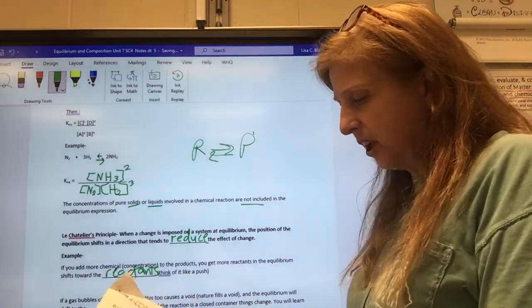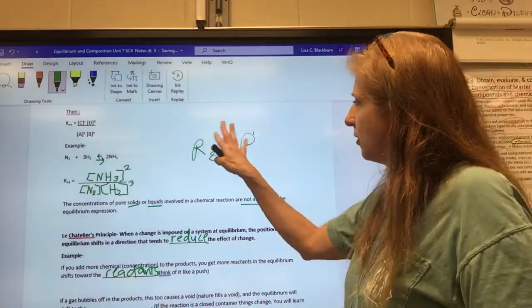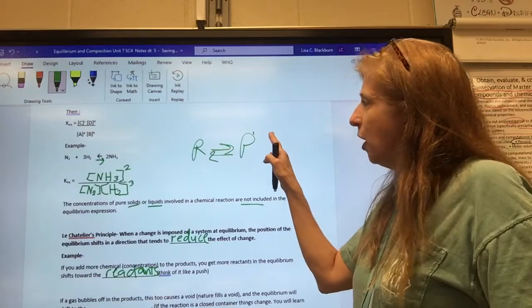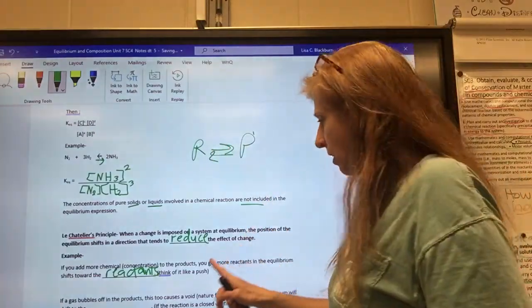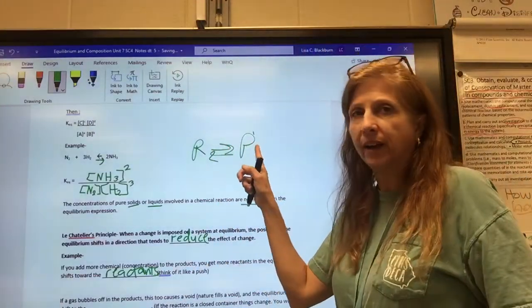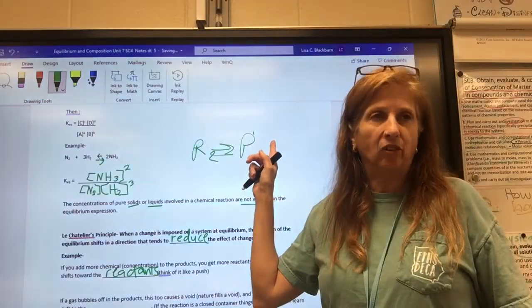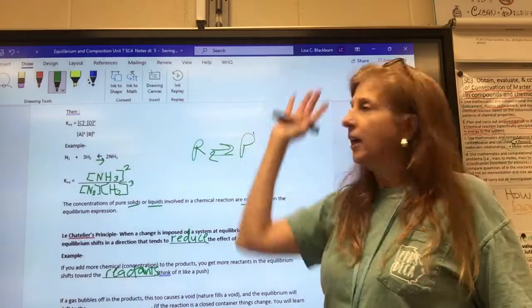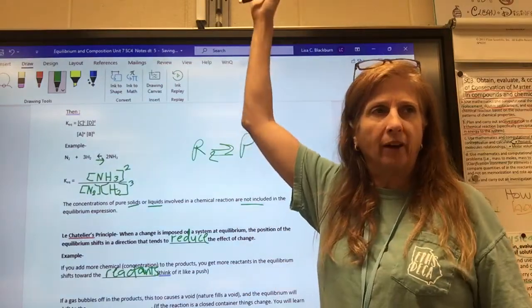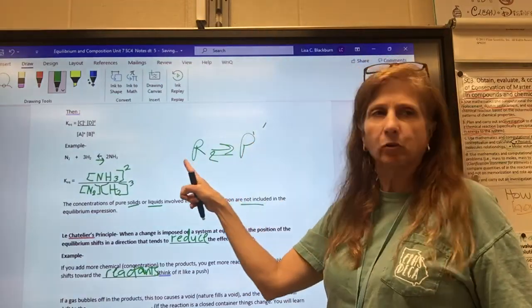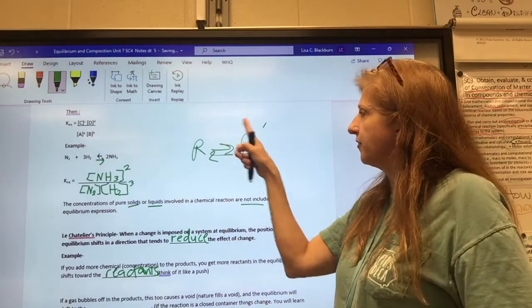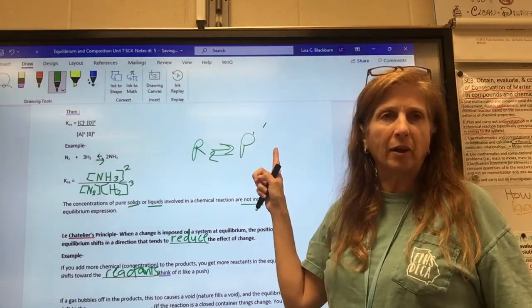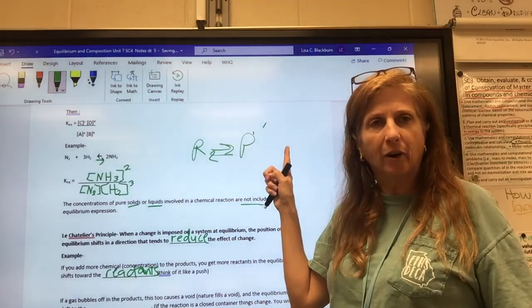Okay? So imagine here you've got your reactants and products. But this time, in my products, it's making a gas. Okay, can you imagine that? The gas bubbles off. These are the people who leave the party. So this room is way crowded. But the second room is right by the door and people are leaving the party.